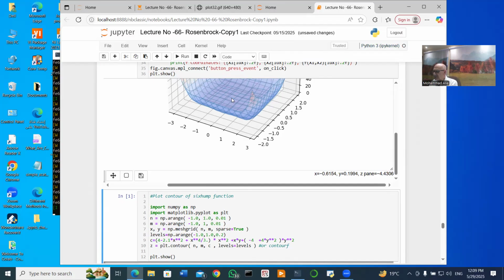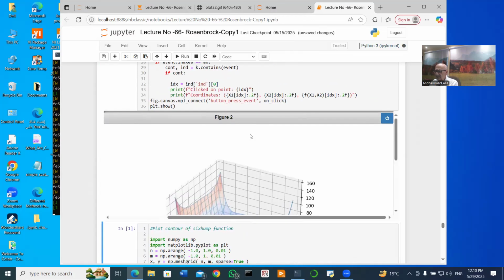Now here z is equal minus 4.43. This is very useful really because the eyesight is not sufficient to judge, especially the elevation of the points. So this may be useful for you also in additional works.